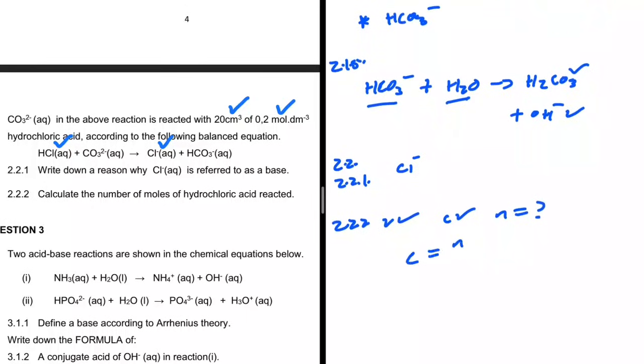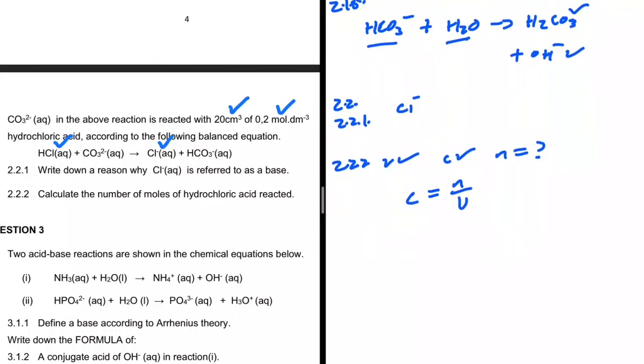Concentration is equal to the number of moles divided by the volume. So the concentration is 0.2, and the number of moles is what we are interested in. The volume is 20 centimeter cube. We can just multiply it by 10 to the minus 3 and we have converted it to decimeter cube. Right. So let's cross multiply.